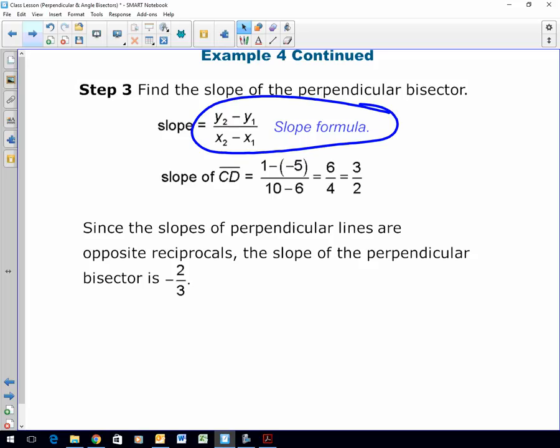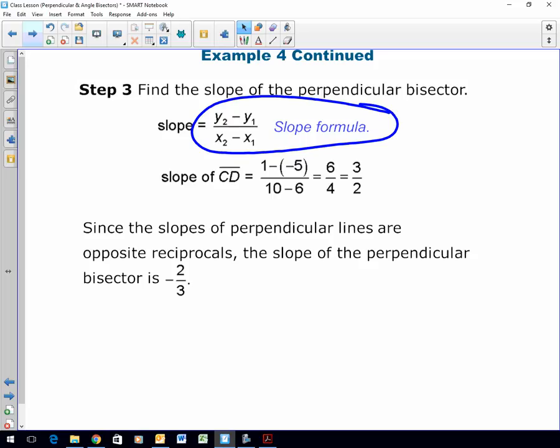Same numbers I just used for the midpoint, plugged in different places. So 1 minus -5 is 6, 10 minus 6 is 4, 6 over 4 simplifies to 3 over 2.